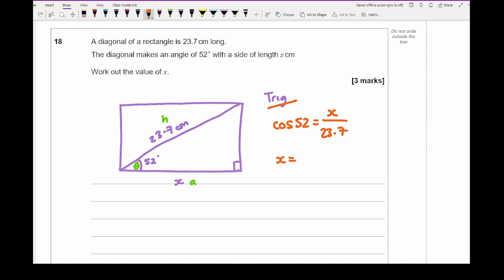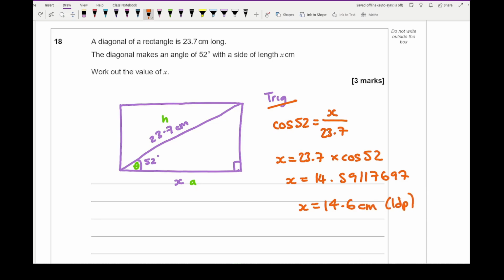So x equals 23.7 multiplied by cos 52. I'm going to type that in, and I get an answer of 14.59117697, which I'll round to 14.6, and that's centimeters, to 1 decimal place.